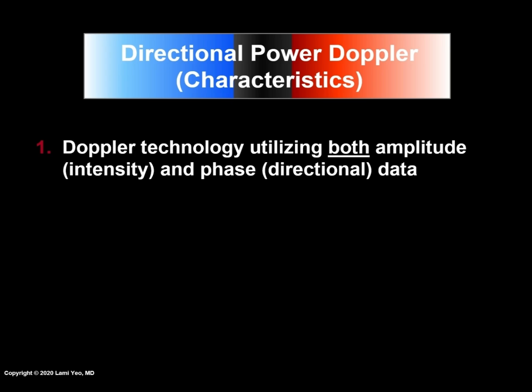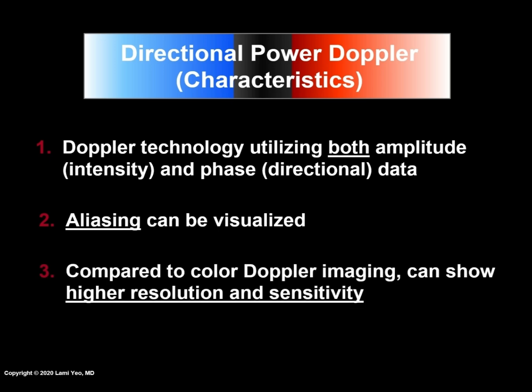In other words, it combines the sensitivity of power Doppler with directional flow information. As a result, aliasing can be visualized. Compared to color Doppler imaging, directional power Doppler can show a higher resolution and sensitivity and allows detection of slower flows.